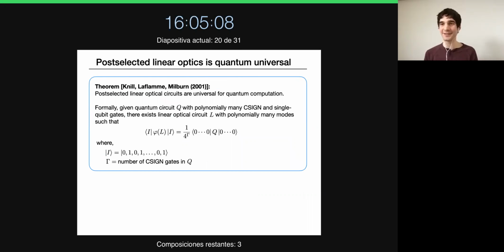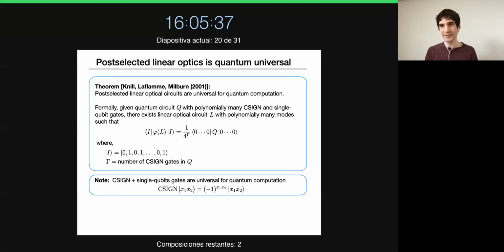It comes down to a famous theorem in linear optics called the Knill-Laflamme-Milburn theorem, one form of which states that post-selected linear optical circuits are universal for quantum computation. Formally, that means if I hand you some quantum circuit Q, and let's say it has polynomially many CSIGN and single-qubit gates.